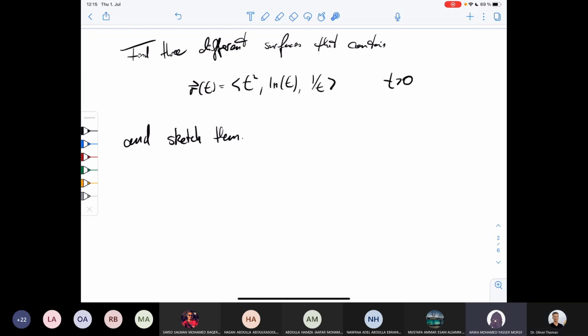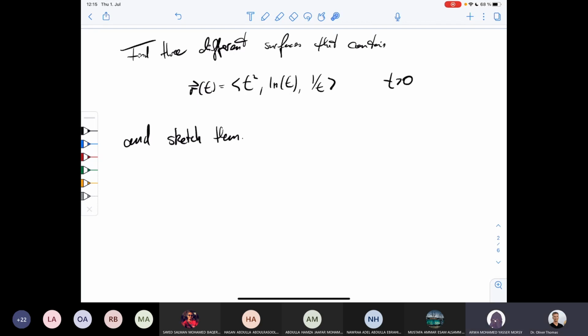Like when we have x equal to 0 and y and z have values, and then when y is equal to 0, we will have a surface where x and z exist, and then z equal to 0.